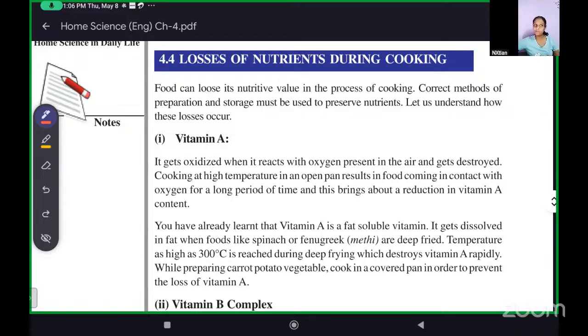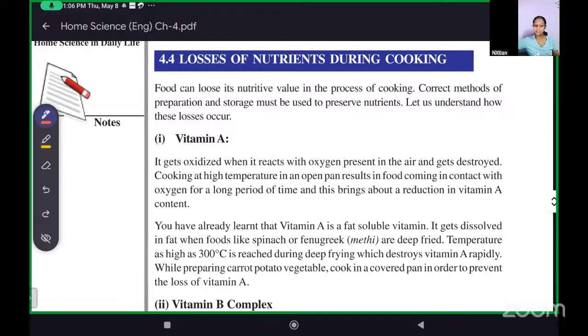And where do we obtain these nutrients from? From the food. Now, what happens if the food is not cooked properly, in the right method? Then it might lose those nutrients. That nutritive value might either decrease or completely go away.